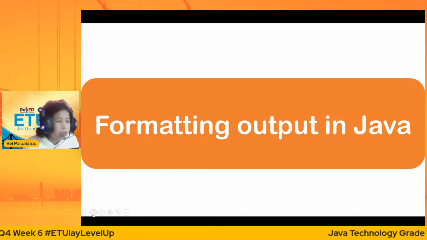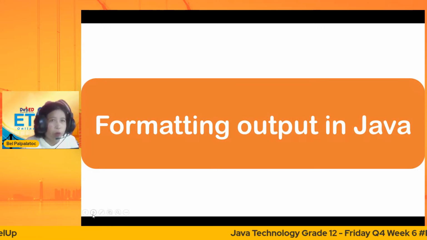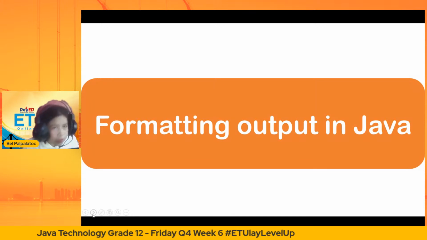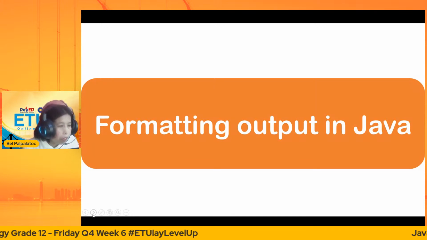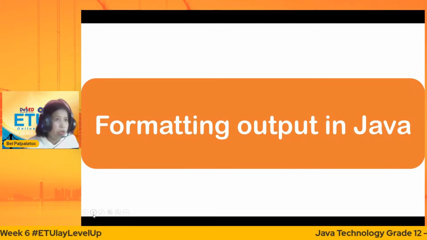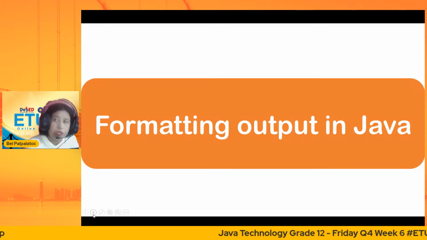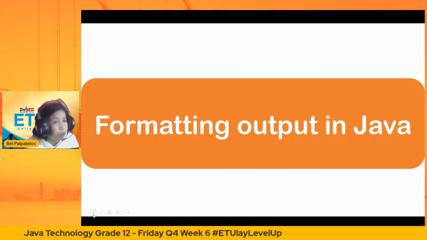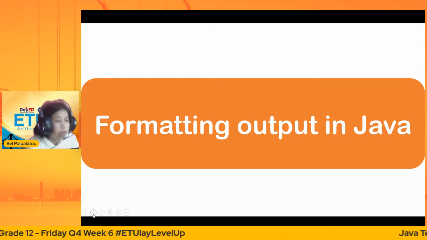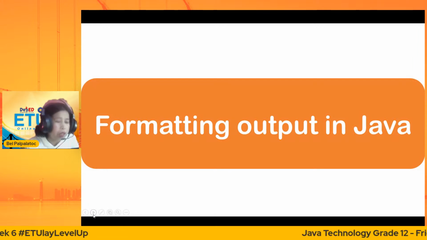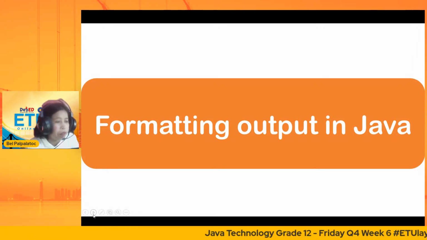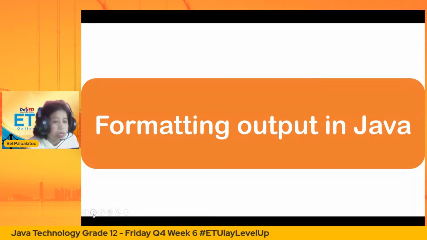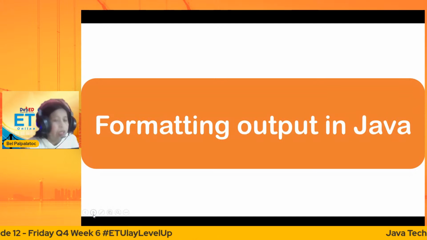We sometimes have problems in how we are going to format our output in Java. For example, we want 2 decimal places or 3 decimal places, or we want a certain format to be followed. Take the SSS number, which has its own format: the first 2 numbers, then a dash, and then several numbers afterwards, for example 33 dash 5267100 dash 3.